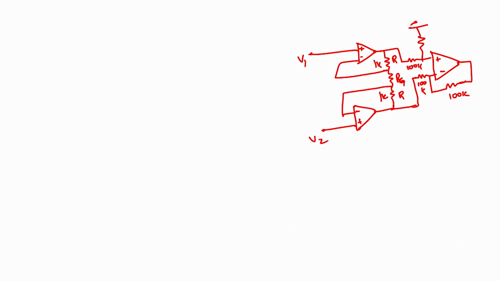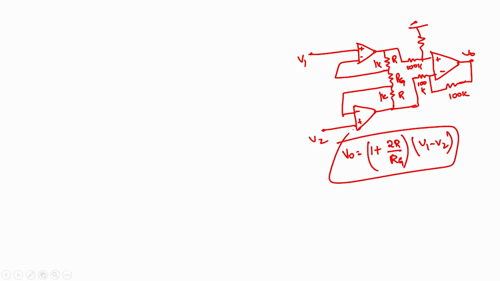If I take the V0, generally V0 value is 1 plus 2R by Rg into V1 minus V2 is the equation. Just look into the instrumentation amplifier circuit, you will understand.